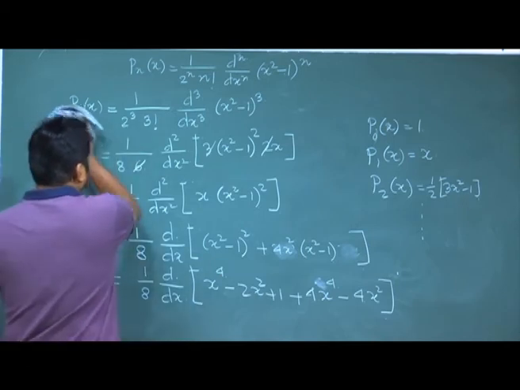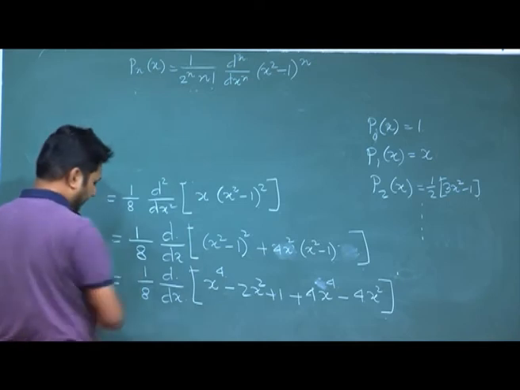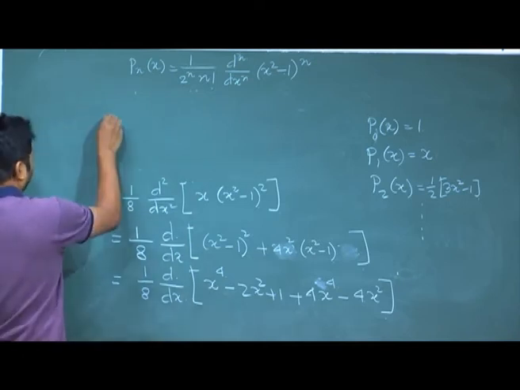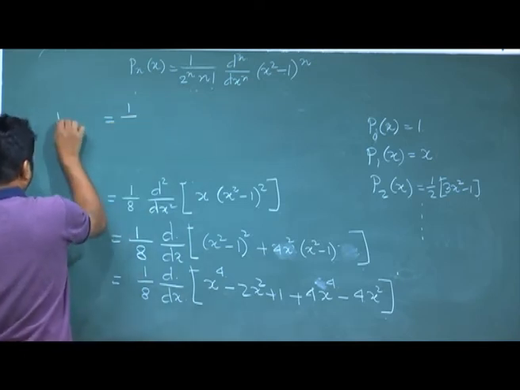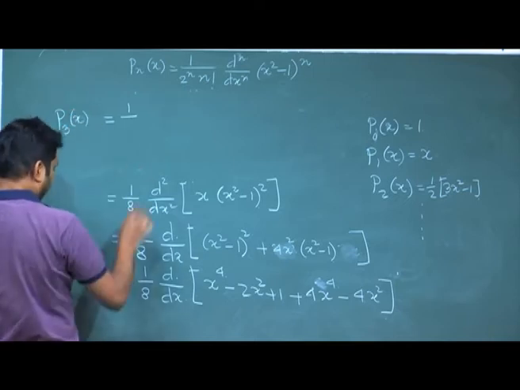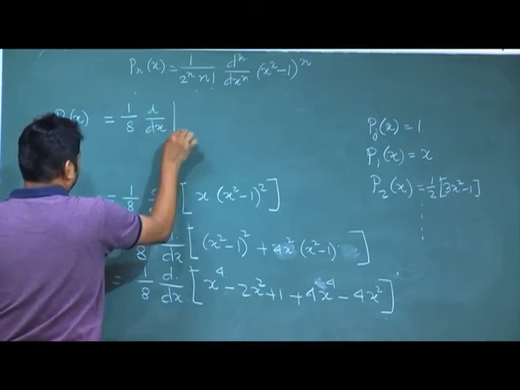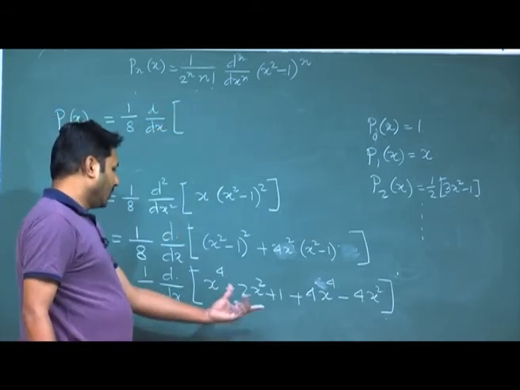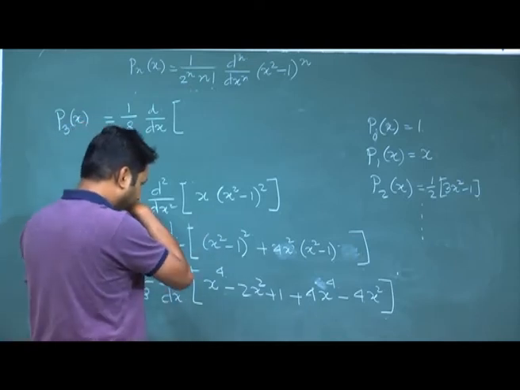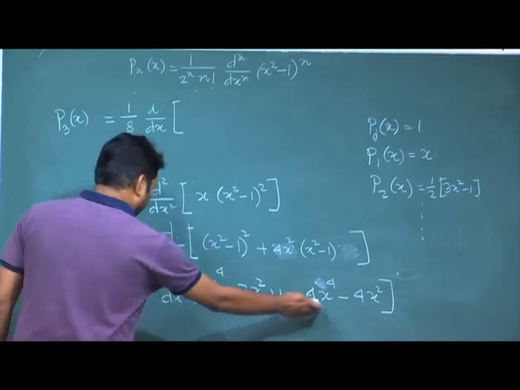Now if I simplify this, it will be 1/8. I try to calculate P3(x). It is 1/8 d/dx of this quantity, which is now something like this quantity.